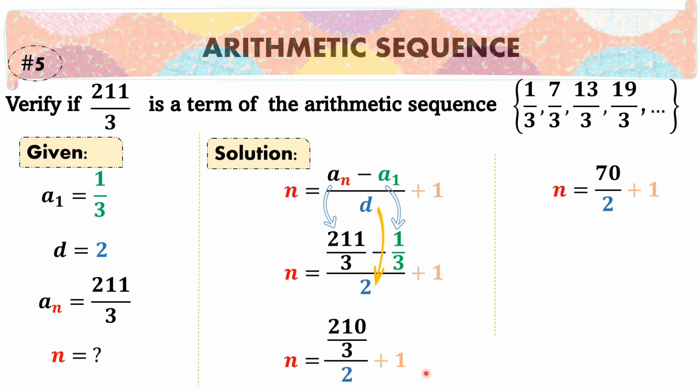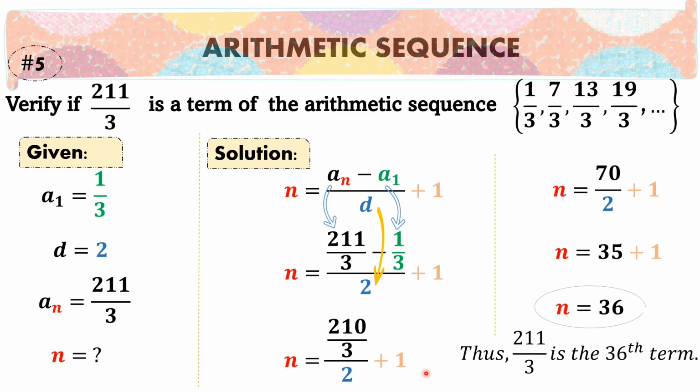So 70 divided by 2 is 35, plus 1. So n is 36. Thus, 211 over 3 is the 36th term.